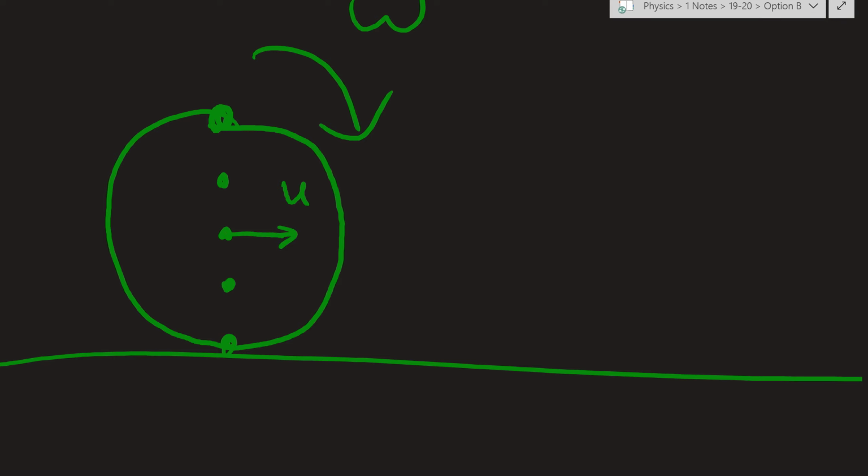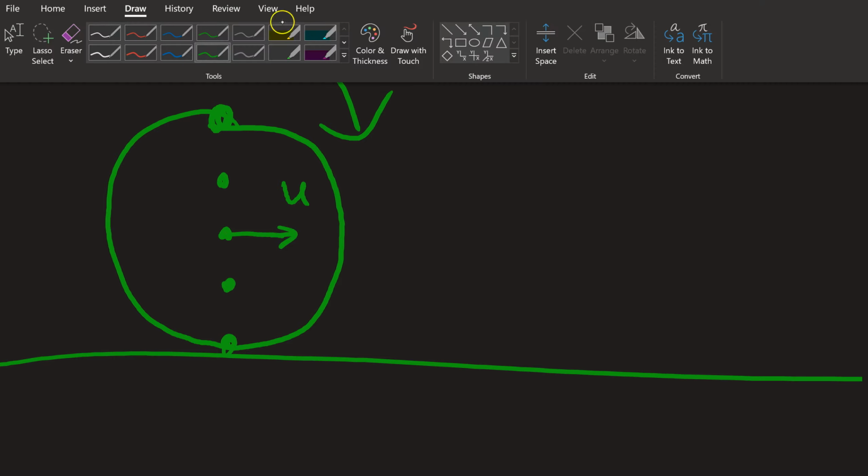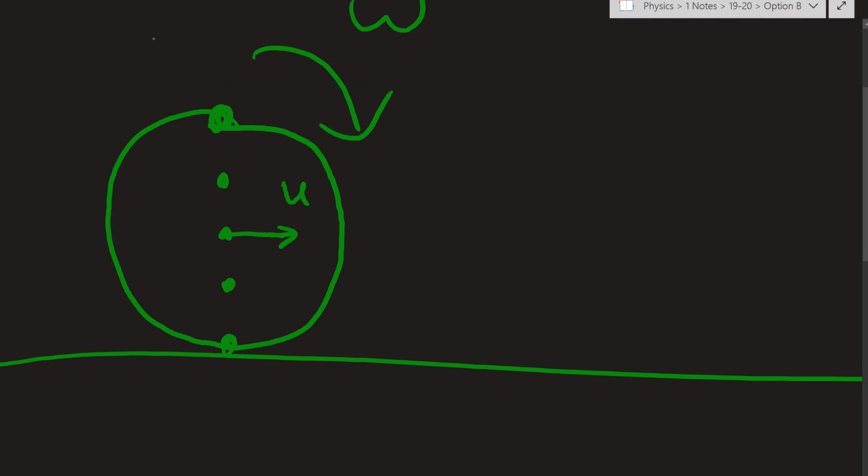So if we draw the rotational velocities, I'm going to draw them all in red. Let's say the rotational velocity of this point on the top is to the right.